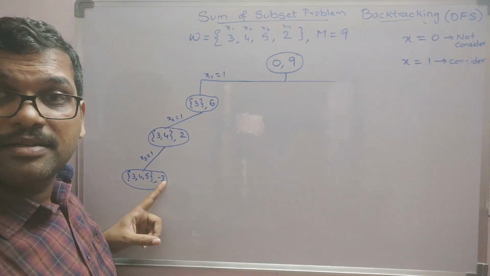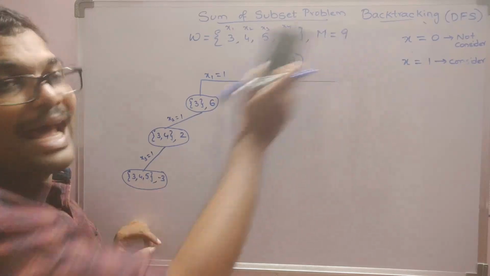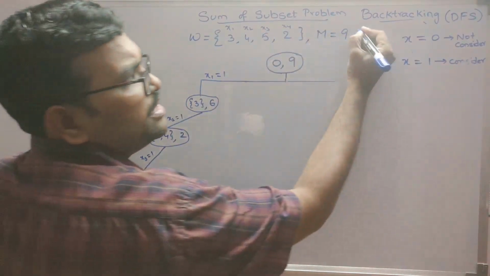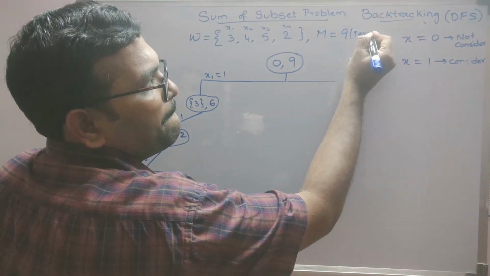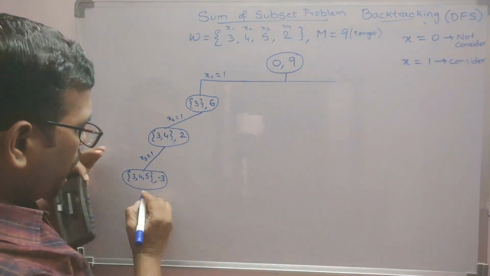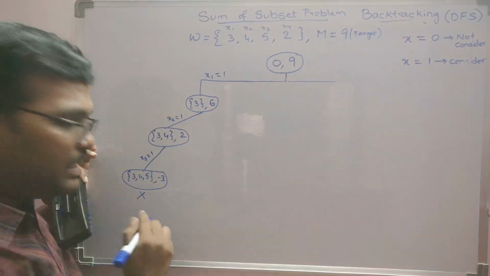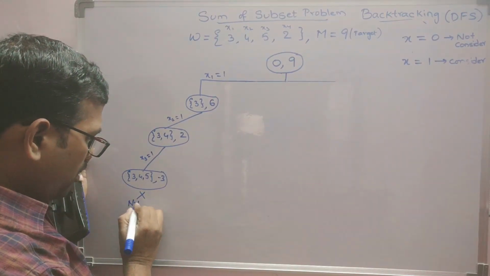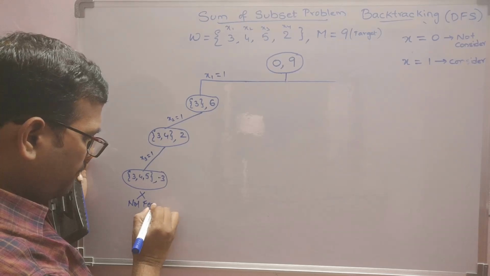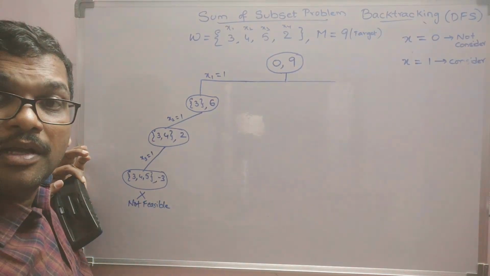That implies the sum of subset is greater than the target value. So let it be, this is the target. The sum of subset is greater than the target, so we should not consider this one. So this is not feasible.